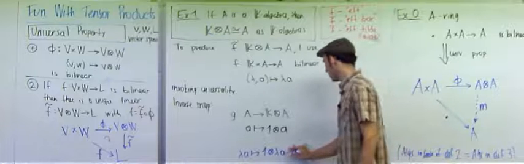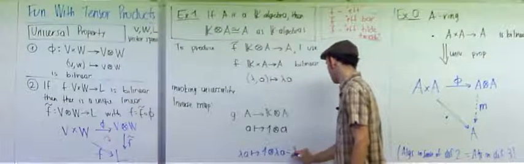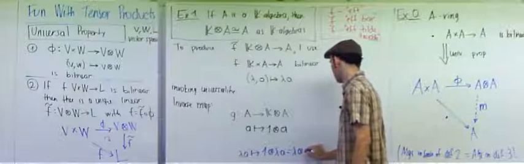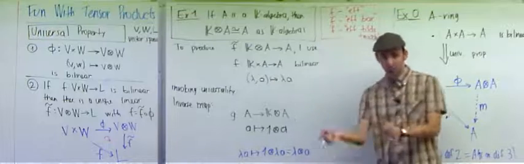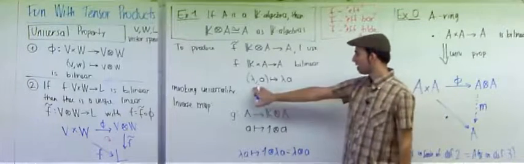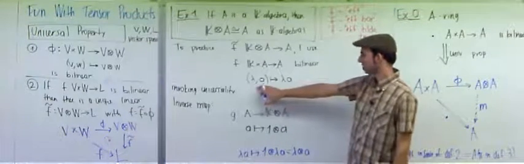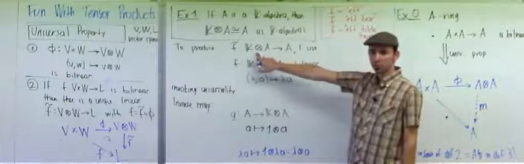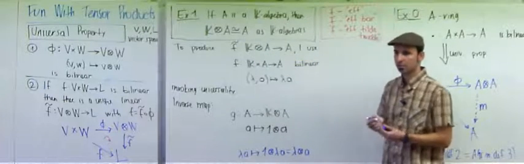But we can move the lambda to the other place, right? Because lambda is a constant, so I can move it to the other side, and now it looks like this, which is where I want it to be. And so that's the inverse.